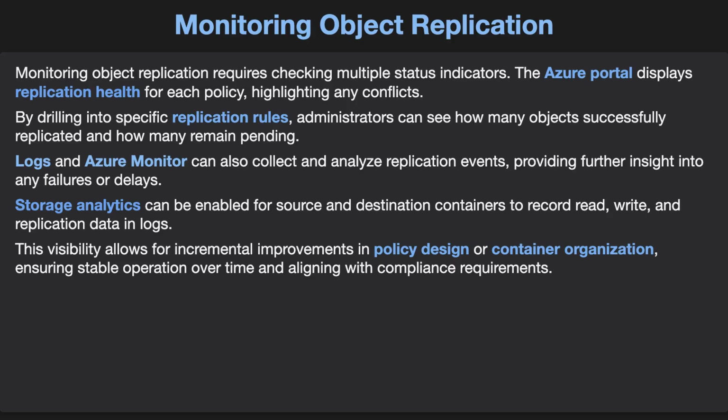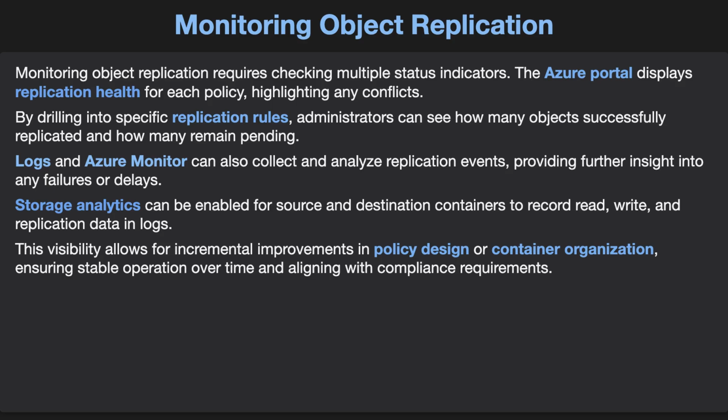Monitoring object replication requires checking multiple status indicators. The Azure portal displays replication health for each policy, highlighting any conflicts. By drilling into specific replication rules, administrators can see how many objects successfully replicated and how many remain pending.